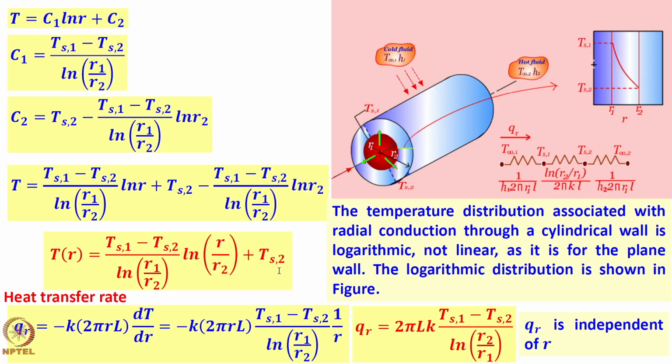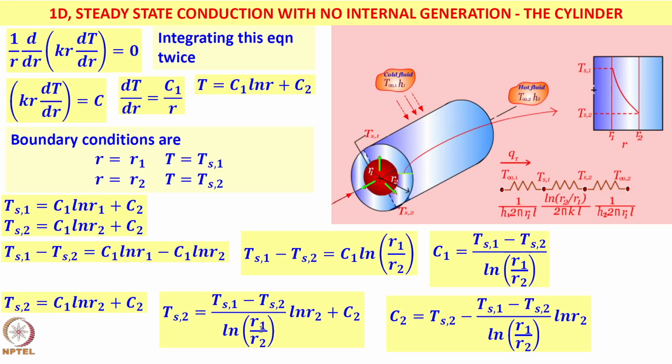So this is a compact form of the temperature distribution, and unlike my plane wall, it is not very simple. But the heat transfer rate is minus K into 2 pi RL dT by dr. Where is dT by dr? I had calculated dT by dr in this step, C1 by R, right here.